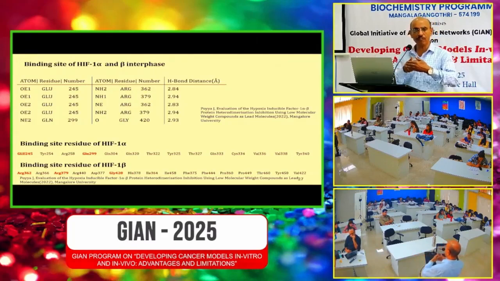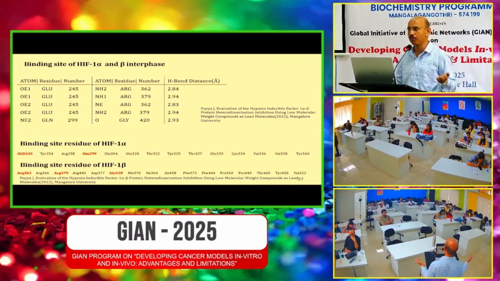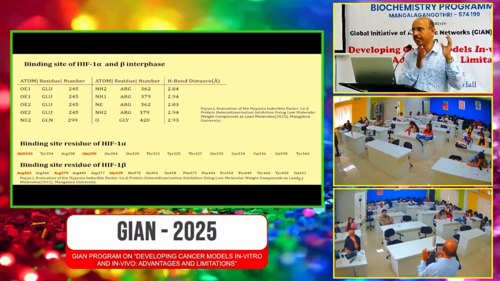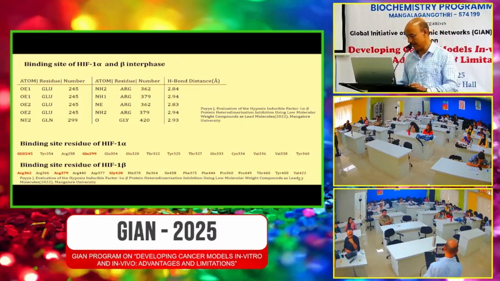So HIF1 alpha and HIF1 beta interactions are mediated through some key amino acids. So if you can block the interaction between those key amino acids, naturally there won't be HIF1 alpha, HIF1 beta interaction, and naturally the HIF1 alpha is taken away by the degrading enzymes, and it is completely degraded.